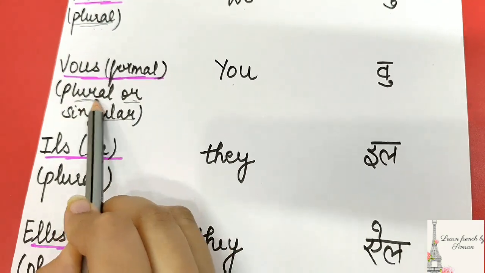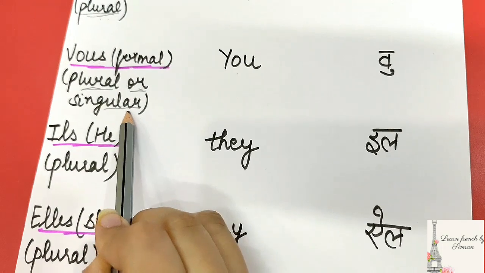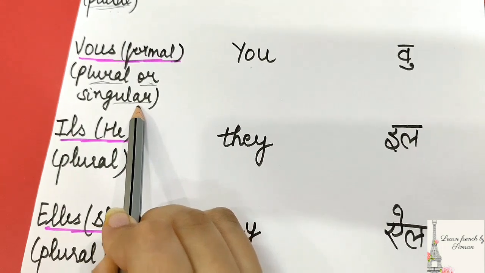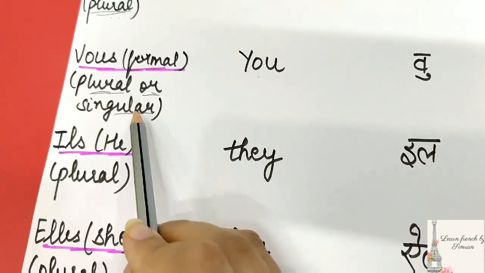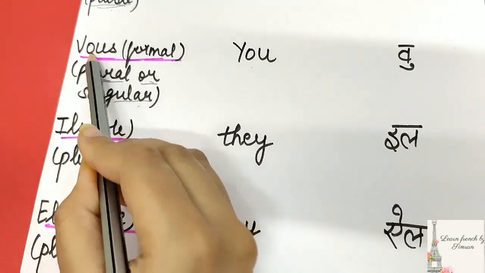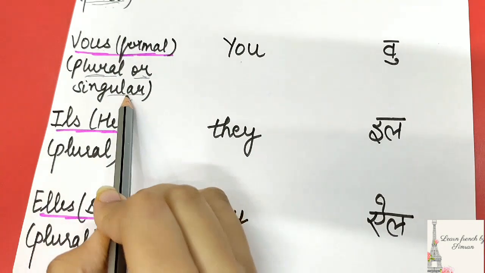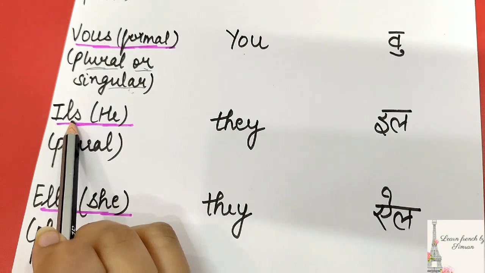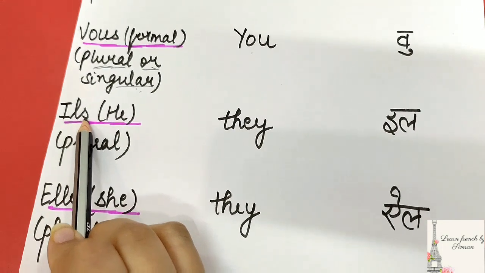Means there is no particular thing, it depends on the next word. If the next noun you are using is plural or singular, it depends upon the situation, and we will learn that afterwards.